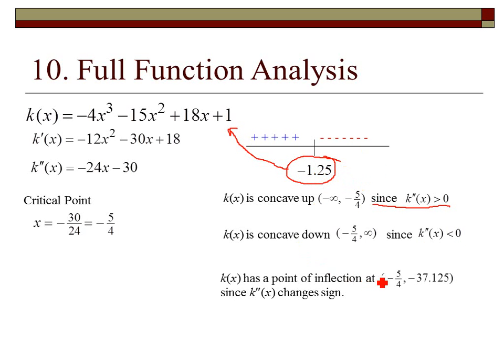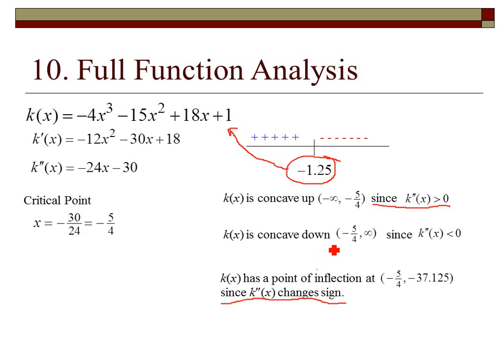So a point of inflection at negative 1.25, negative 37.125. And my reason for point of inflection is since k double prime changes sign. It's not since k double prime is equal to 0. Because sometimes when the second derivative equals 0, it doesn't change signs and it's not a point of inflection.